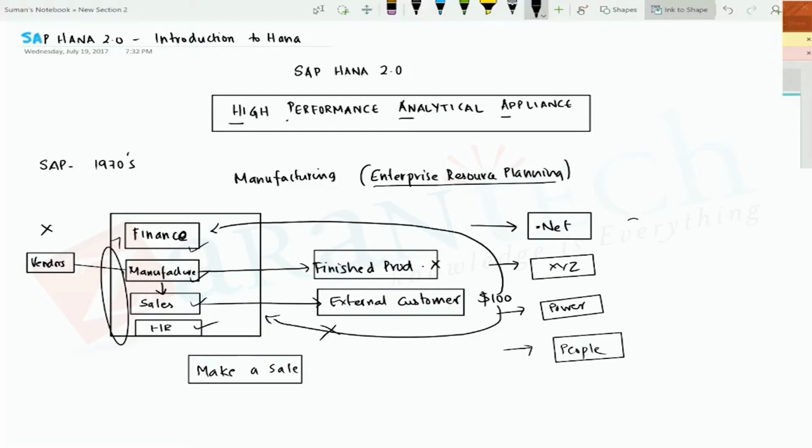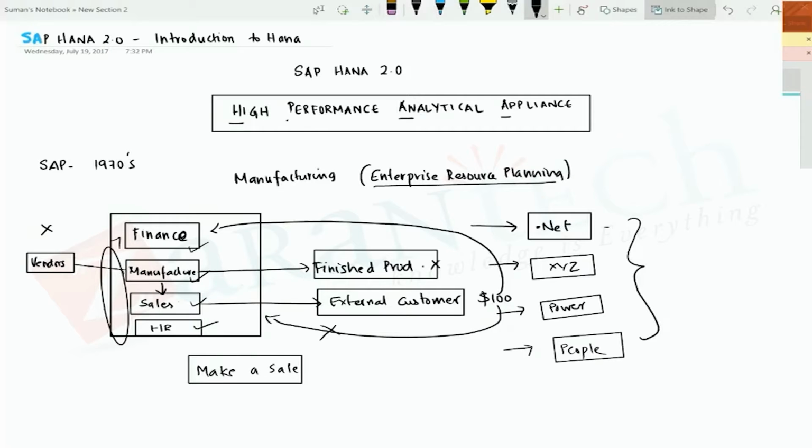So if you look at it, every individual department is using a separate application or a technology to run its organization. The key idea of this enterprise resource planning is to make sure that these functionalities work in tandem. They have to work hand in hand.